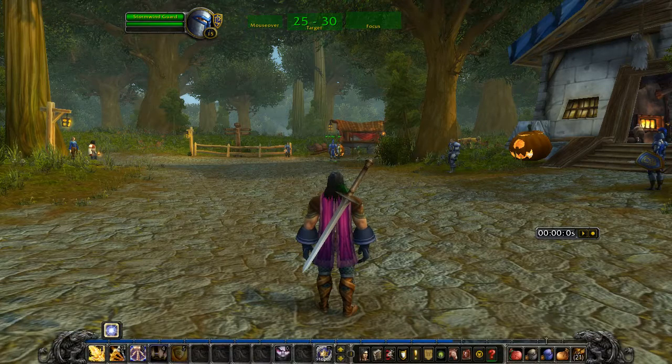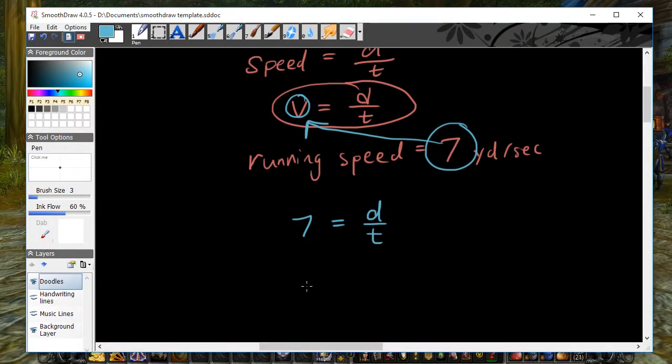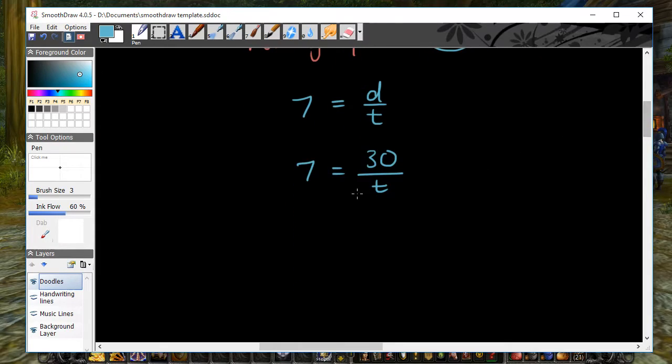So the equation is 7 equals 30 over t. Now, without even timing it, I can guess what the time is. I can calculate what time it's going to be without even timing it, because you can rearrange equations.